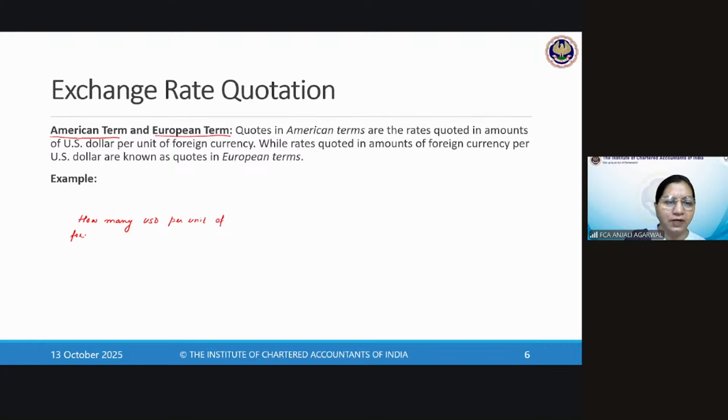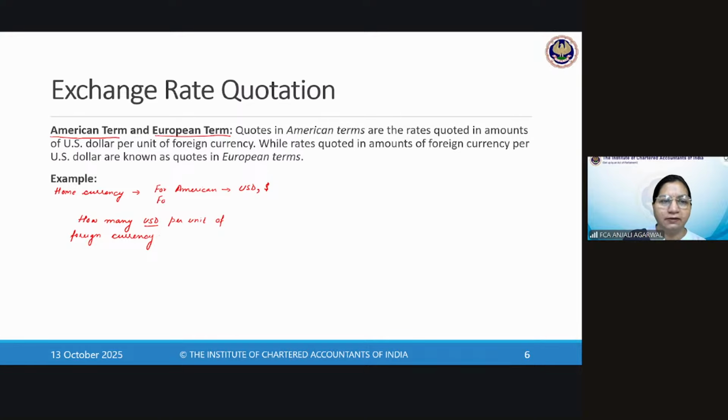Now, if you are an American, for you US dollar will become your home currency. Home currency is what? The one which we are locally dealing in. So for an American, home currency is US dollar. So either you can write the nomenclature as USD, or you can use the symbol.